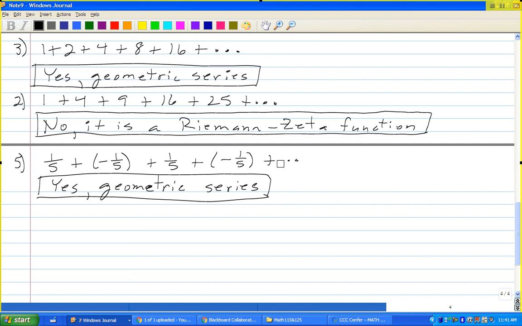And so to get to each subsequent term, you'll always multiply by a common ratio. Therefore, 1/5, negative 1/5, 1/5, negative 1/5 form a geometric sequence. Therefore, their sum is a geometric series.